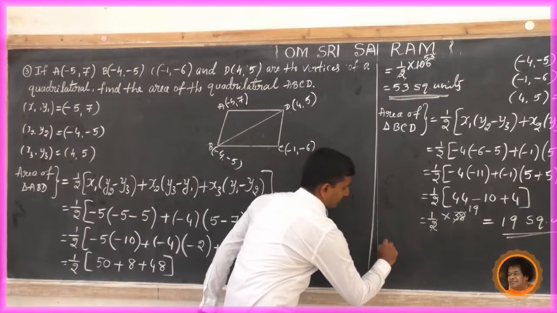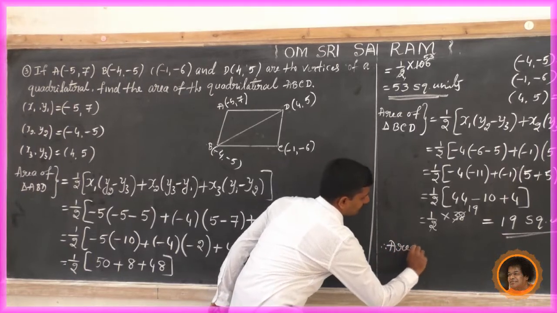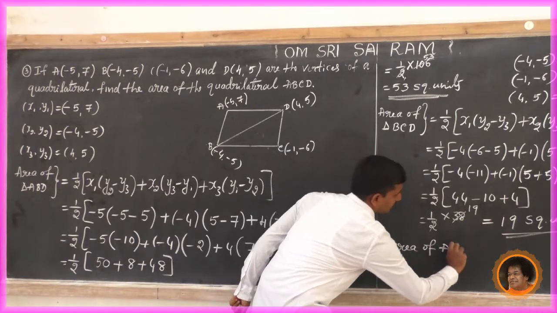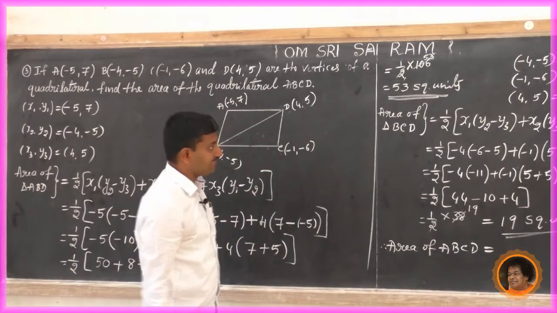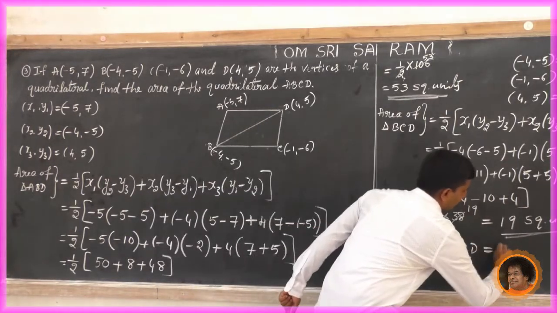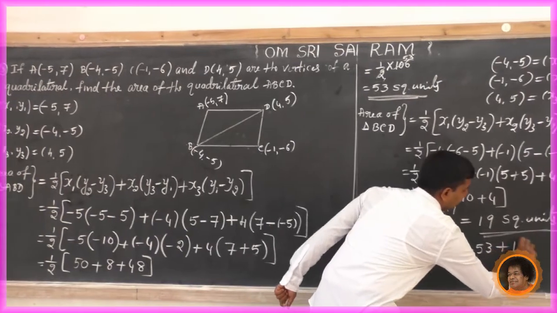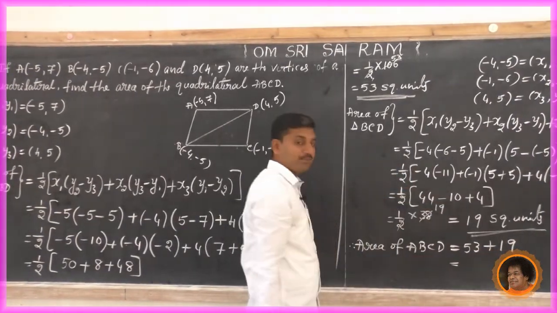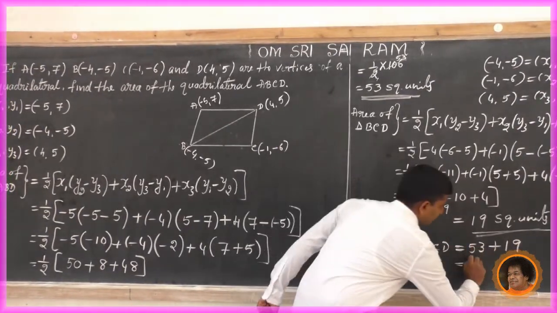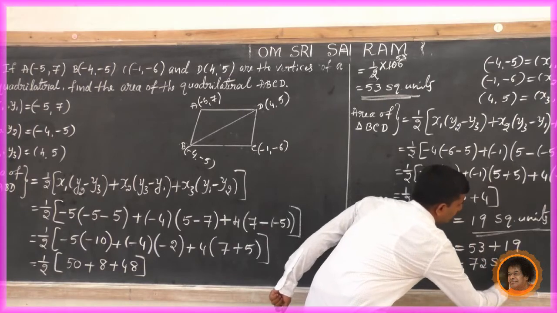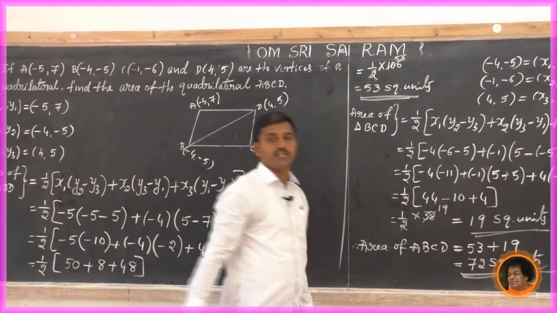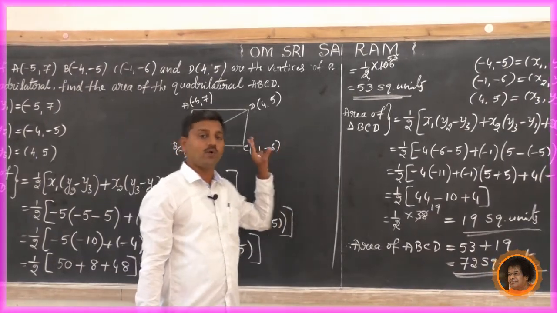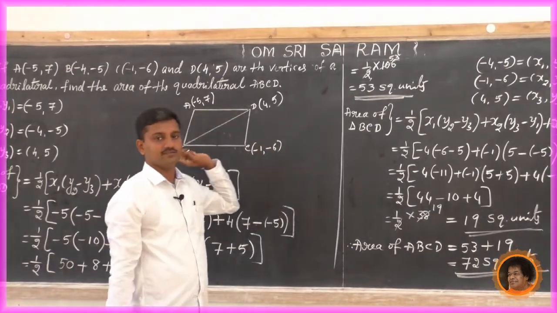Therefore, area of the quadrilateral ABCD equals 53 plus 19, that is 72 square units. So this is the area of the quadrilateral ABCD. I think it is clear.